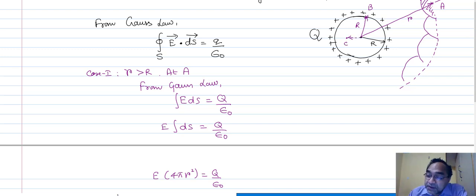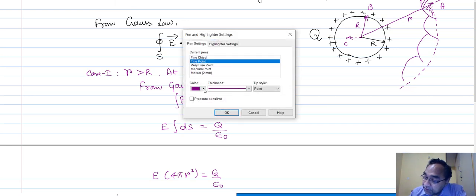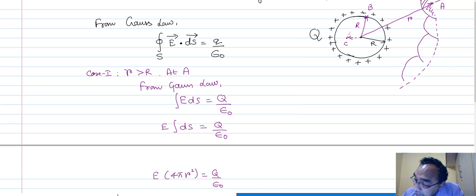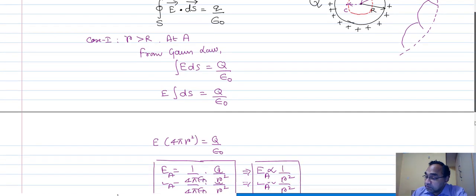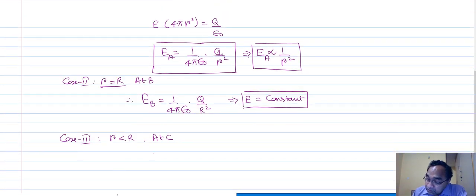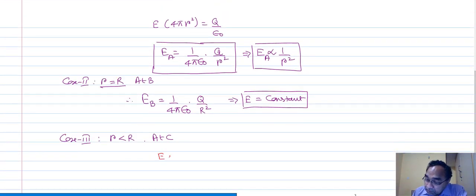So within the sphere, if you closely observe, it will form a sphere like this. Okay, now the question is, this is q by epsilon naught.